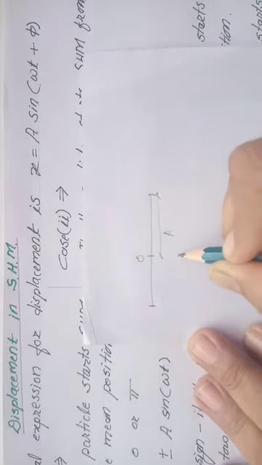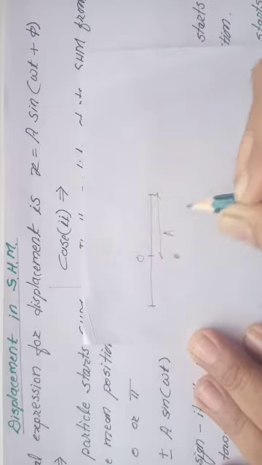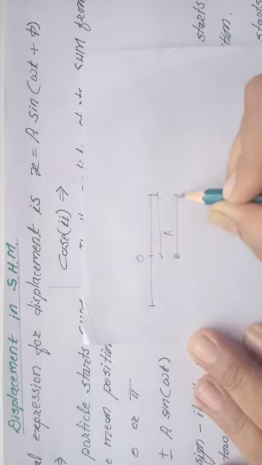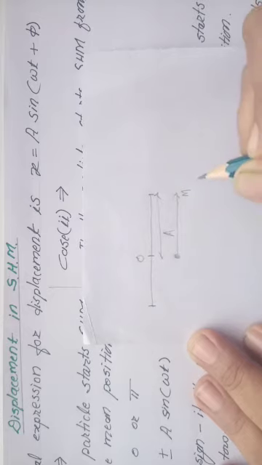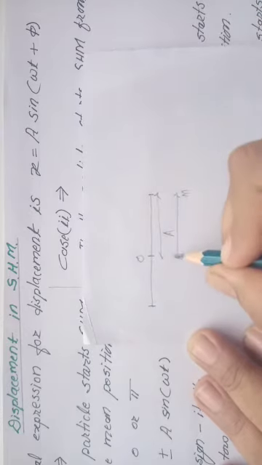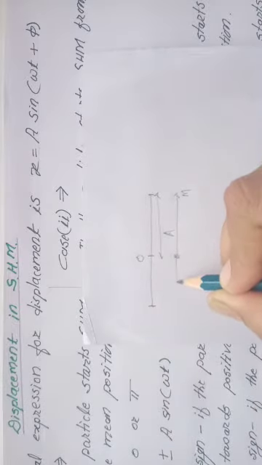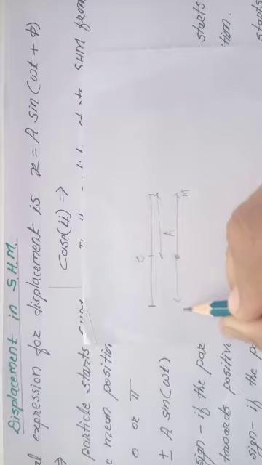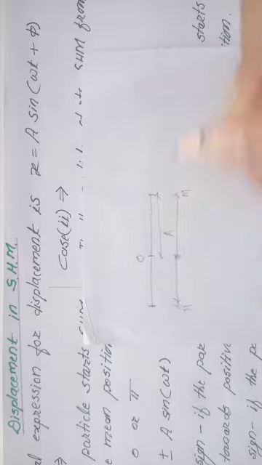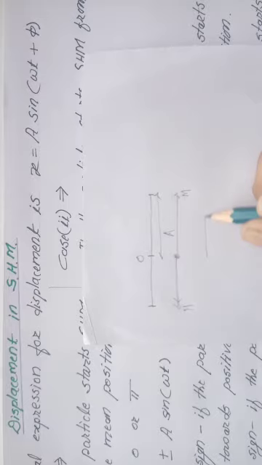When the particle starts oscillation, suppose it is at the mean position, it moves towards the positive extreme position, suppose this position is M. Then it comes towards the mean position, its half oscillation is completed, then it goes towards the left side extreme position, and then again comes to the mean position. This is how the particle moves and completes one oscillation.